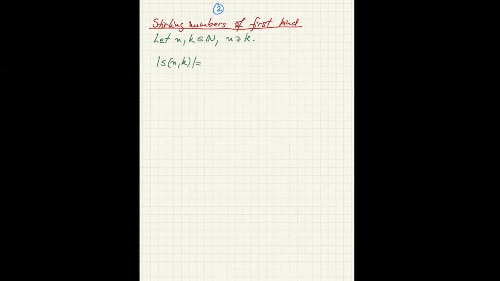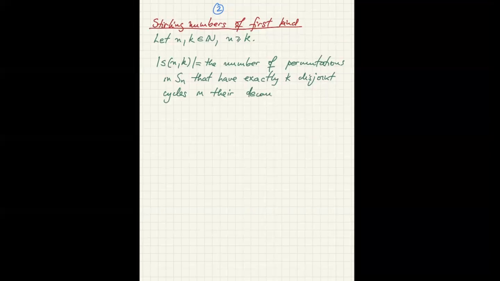is by definition the number of permutations in Sn that have exactly k disjoint cycles in their decomposition.